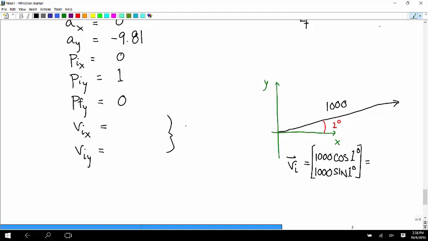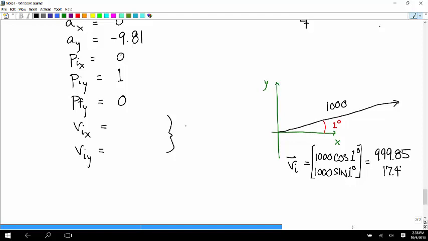And that comes out to be, the horizontal one is basically 1,000, I think you get 999.884. Okay. Like we saw before, to figure out the time, we're only going to use the y component anyways, so this won't come into it. But then what's the y component?